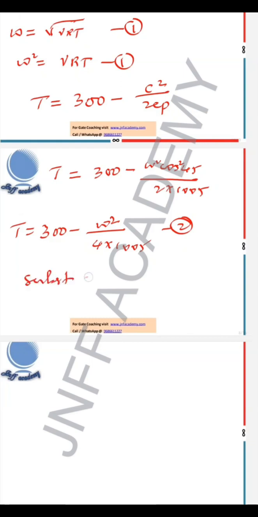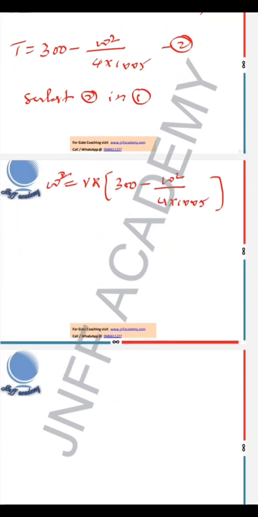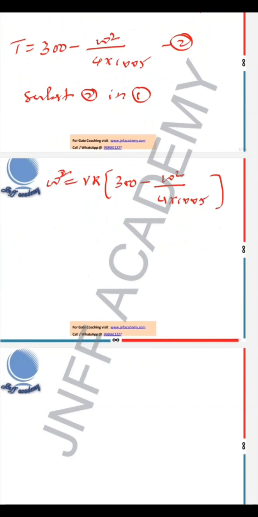Now substitute 2 in 1. What we will get is W square is equal to gamma R into 300 minus W square divided by 4 into 1005. Now when you multiply gamma R inside, W square is equal to 120540 minus 0.1 times W square.